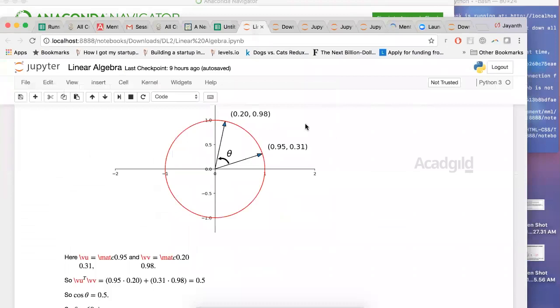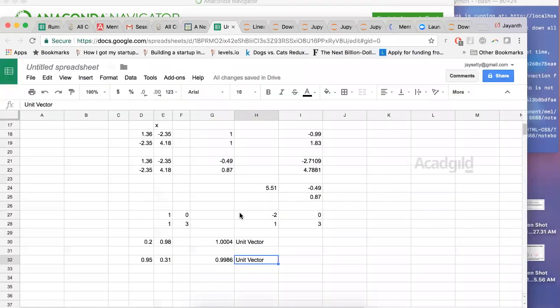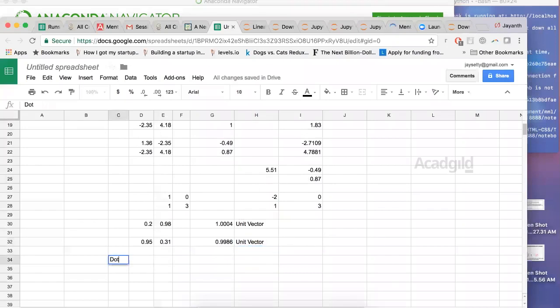Now that I know they're unit vectors, I simply do the dot product. Now what is the dot product? For taking a dot product, I simply take the first coordinate of the first vector times the first coordinate of the second, plus the second coordinate times the second coordinate, which gives 0.4938. Perfect.